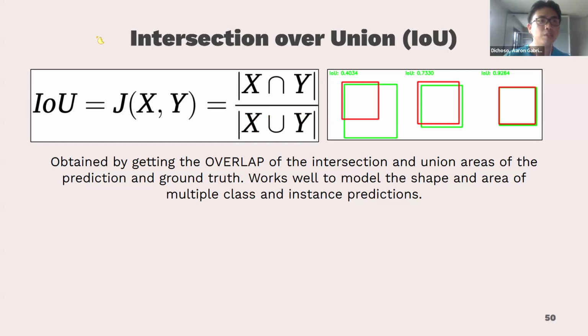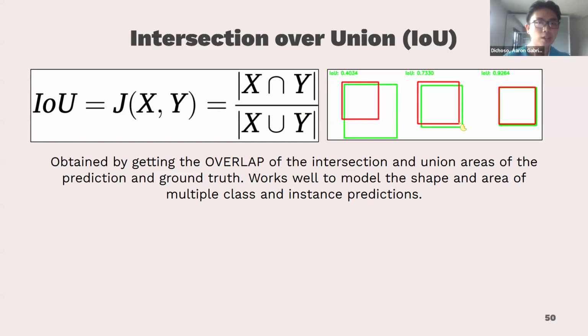This is applied for each image, and if you want to measure the overall network performance using IOU, you just average the intersection over union of all of your predictions to all of their corresponding ground truths.